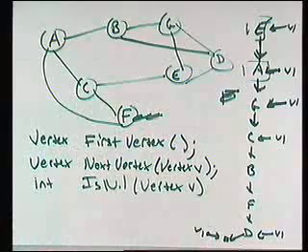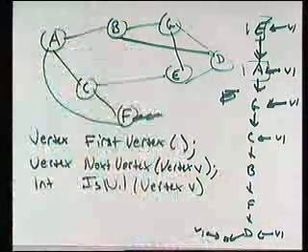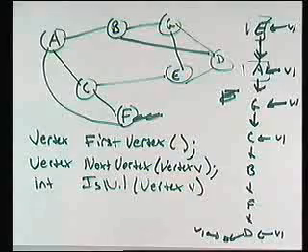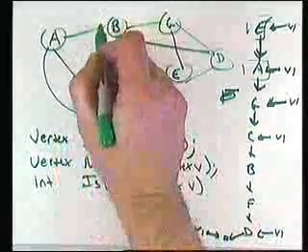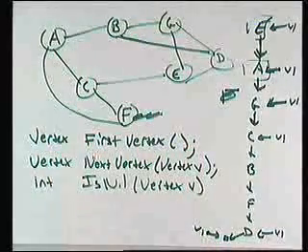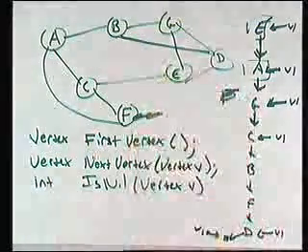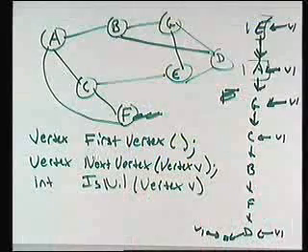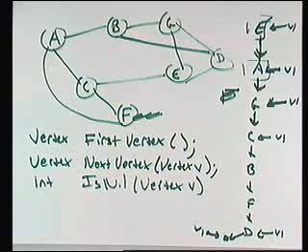Or for adjacent edges, I can say in one direction or the other, give me the list of all adjacent edges of A. Or if this were a directed graph, in one order or the other, give me the list of all the edges that depart A, or all edges that enter E. So you might have different functions available if it's a directed or undirected graph, but that would be how things could work.